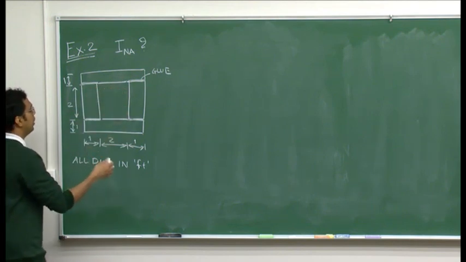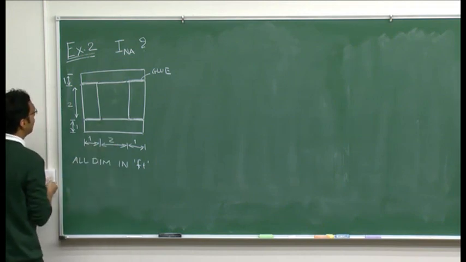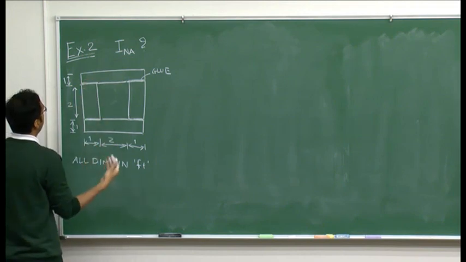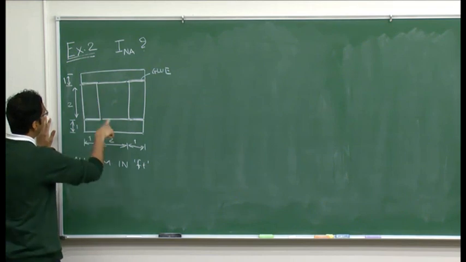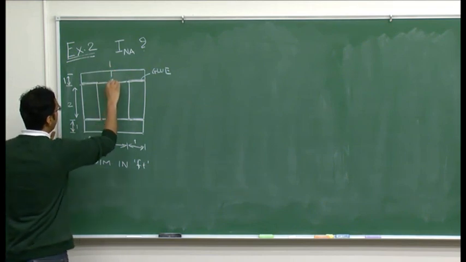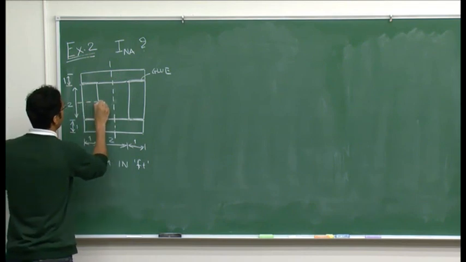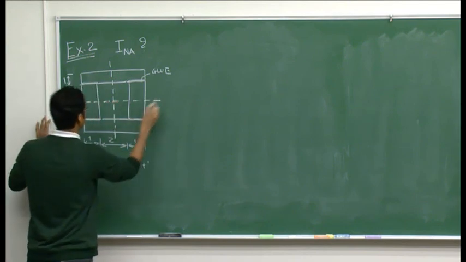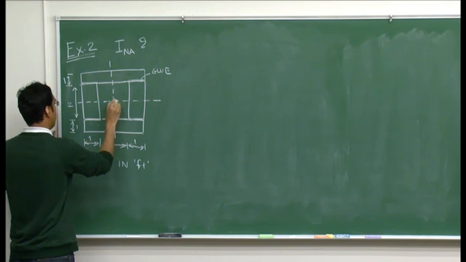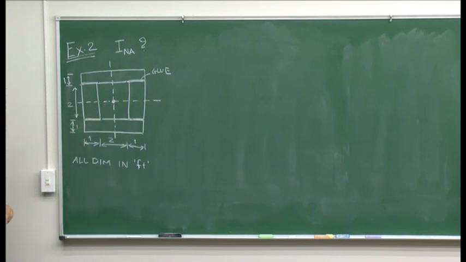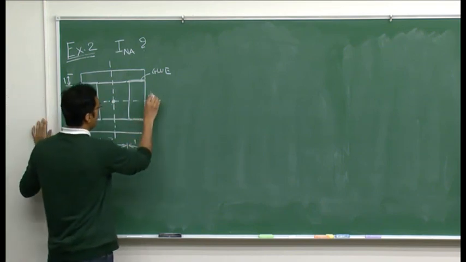So in order to explain this, let's first locate the neutral axis, and we know that this box section is symmetric about both y-axis and x-axis. So we can very easily locate the center of this box beam.